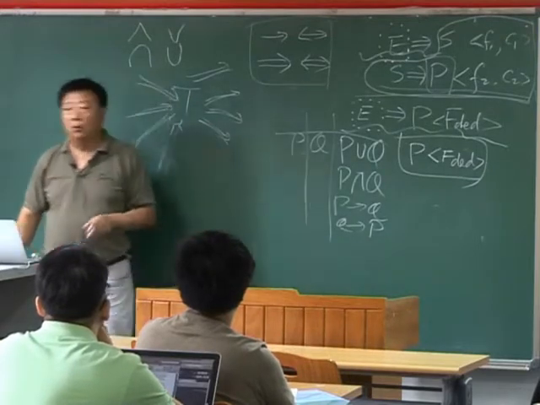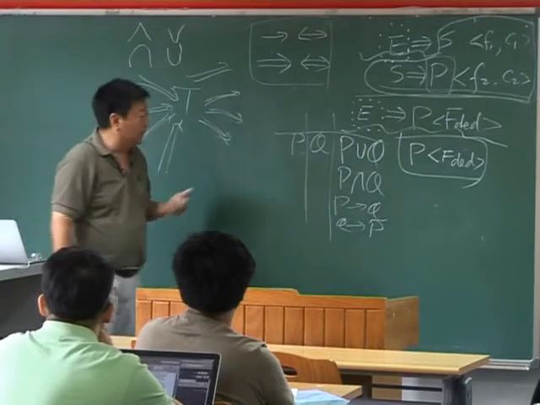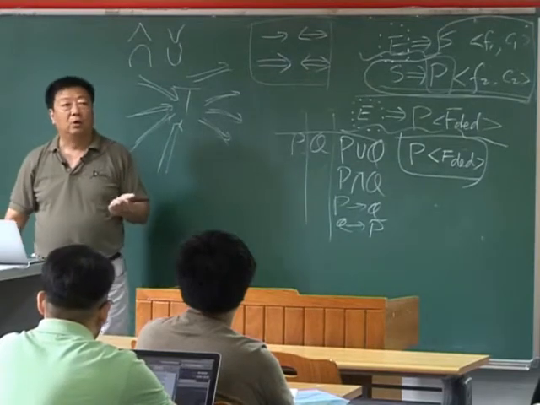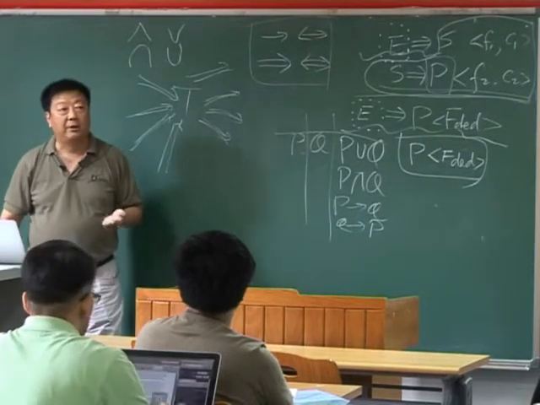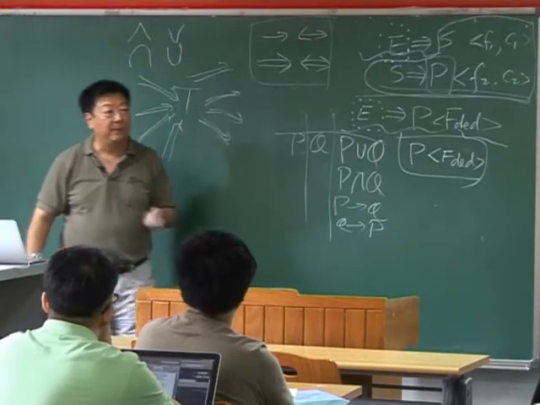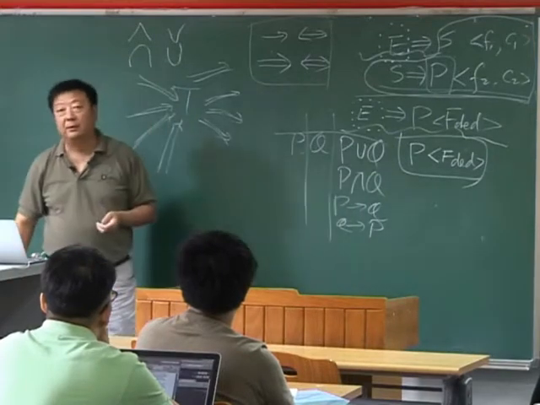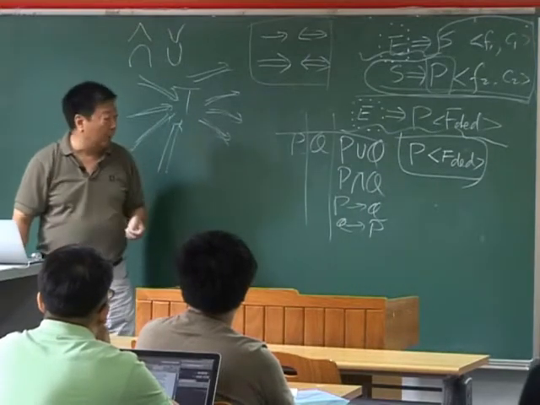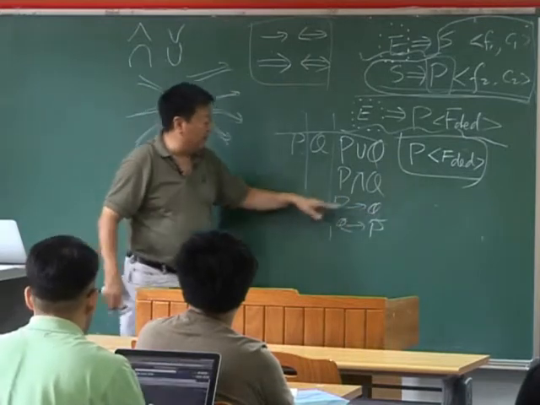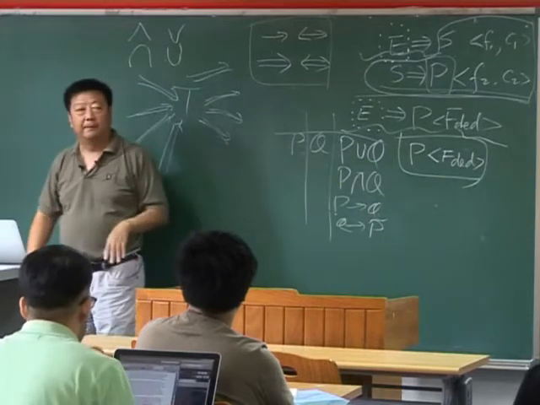For those of you who are familiar with logic, it should occur to you this is directly related to the so-called implication paradox, which has been studied in logic for a long time, which is the major motivation for schools like relevance logic. Okay? Why? Just because it's well known, you know, in traditional logic, P implies Q is true even though P and Q completely have nothing to do with each other.